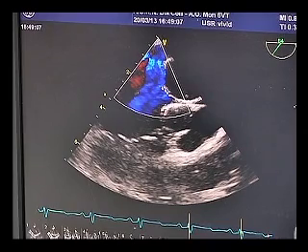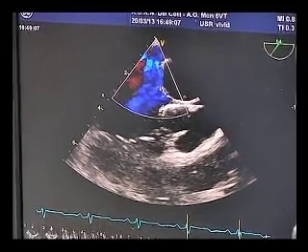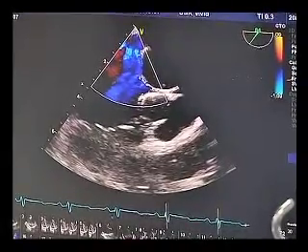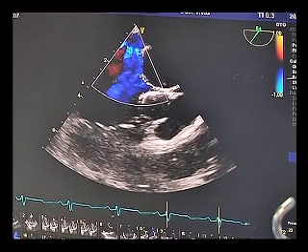My question is, do you think that these defects are amenable to use, instead of a regular ASO device, the fenestrated device? That one single device could cover both defects? I don't think so, because the positions of the different groups of holes are very different inside the septum. Part of the holes are in the lower part that has a different angulation from the anterosuperior part of the septum.